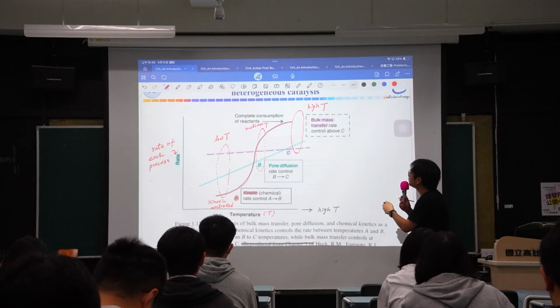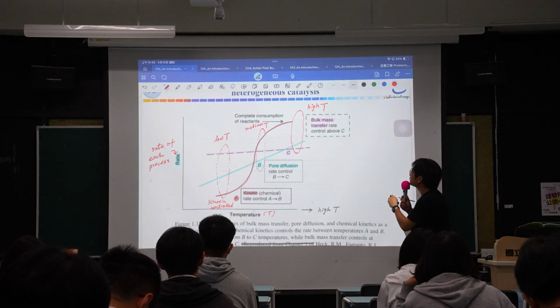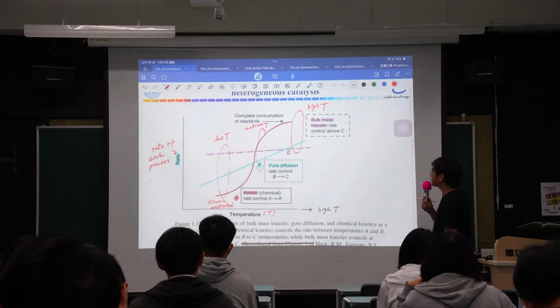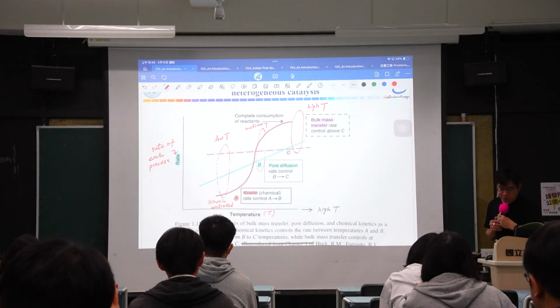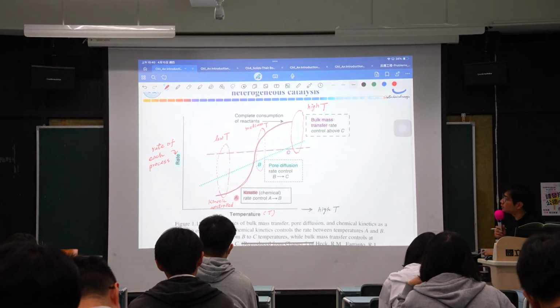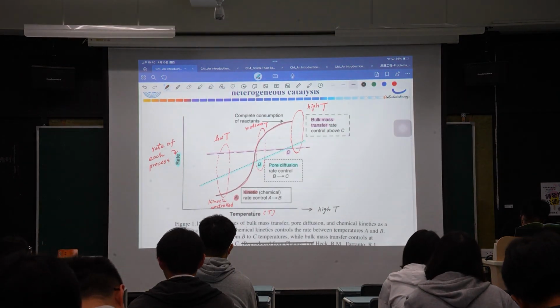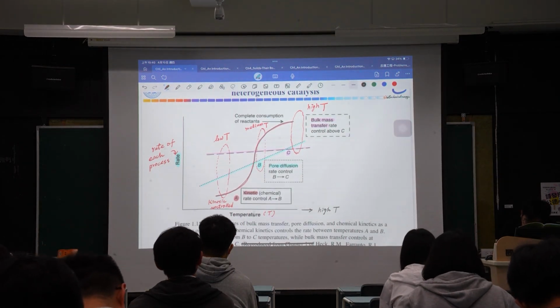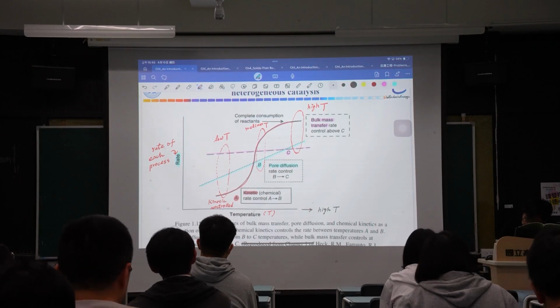Here, right? So process C, mass transfer, is controlling. So this is the mass transfer control region at high T.